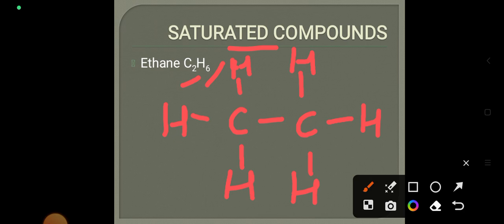Now if you count, there are 2 carbon atoms and 6 hydrogens. This is how we write the second member of the saturated compounds, that is ethane. Whenever you write the structural formula, make sure that every carbon atom has 4 bonds around itself. That is how we confirm the structure.